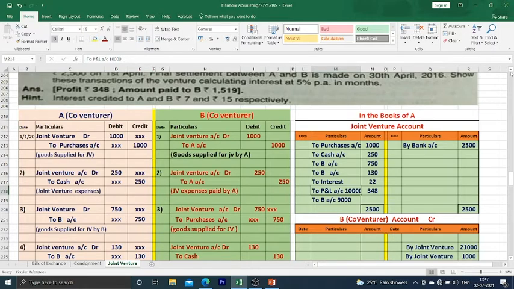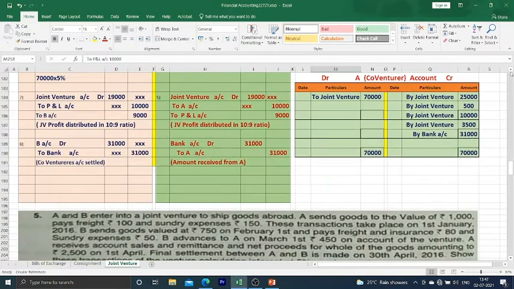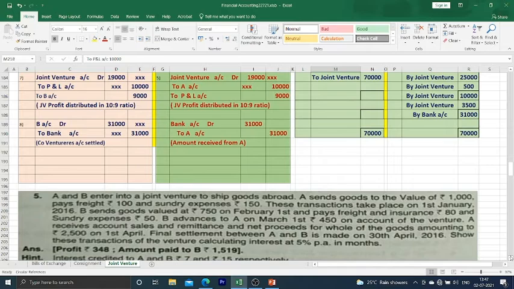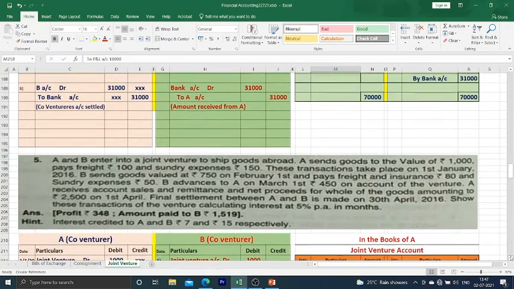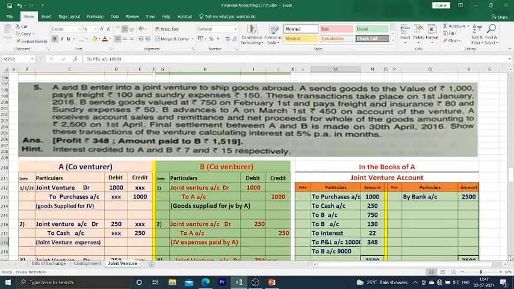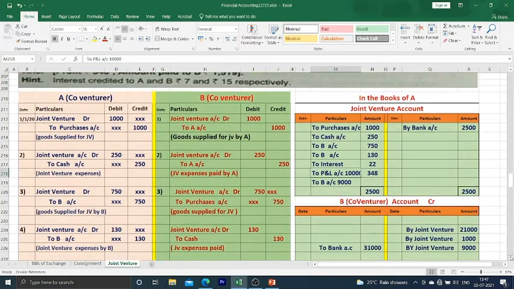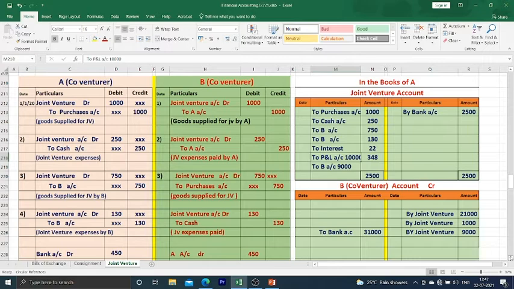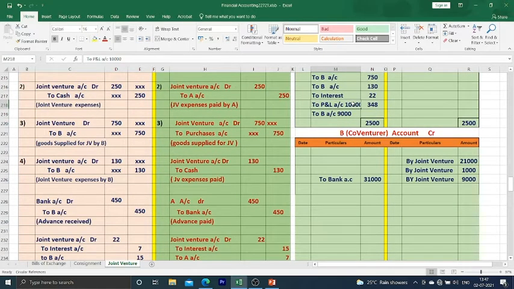Equally, I think. 348 is 174 equal. There is no information about how to distribute. We will distribute in equal share. It is 174, 174.